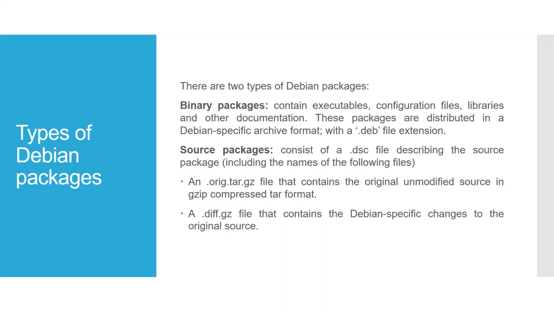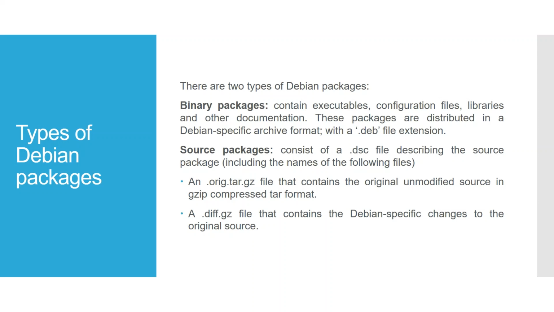The other package is source packages, which we normally have in compressed format. It consists of DSC, where we have the source file. If we want to find this kind of package, normally it will come as .tar.gz or .dz.